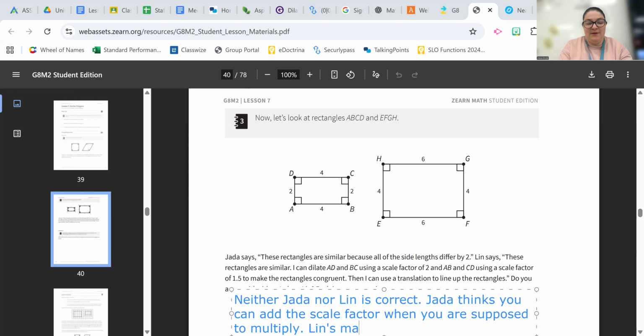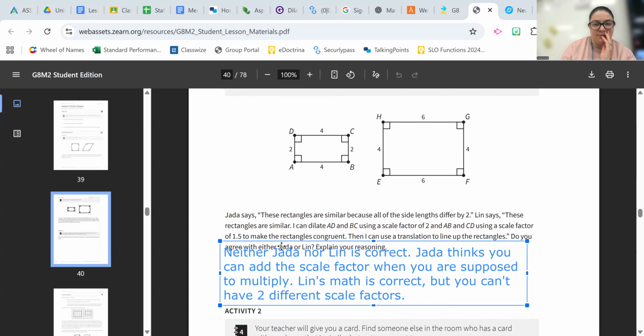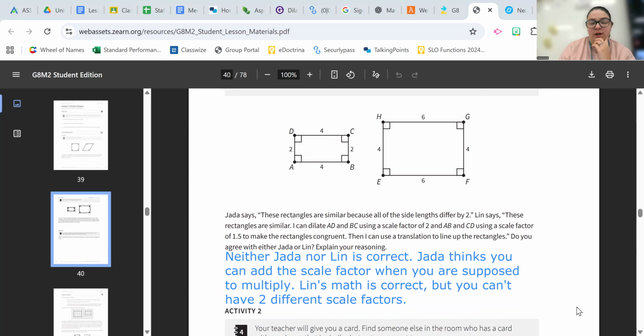Then we can say Lynn's math is correct, but you can't have two different scale factors. Okay. Neither Jada nor Lynn is correct in this one. These are not similar rectangles.